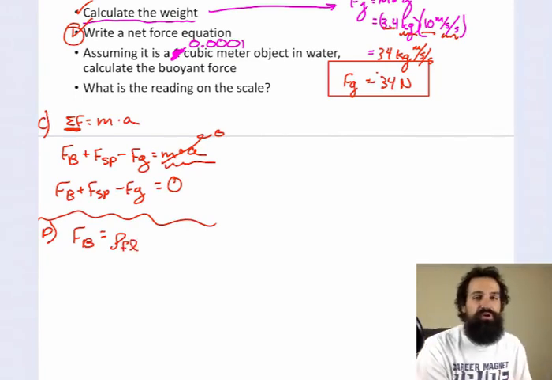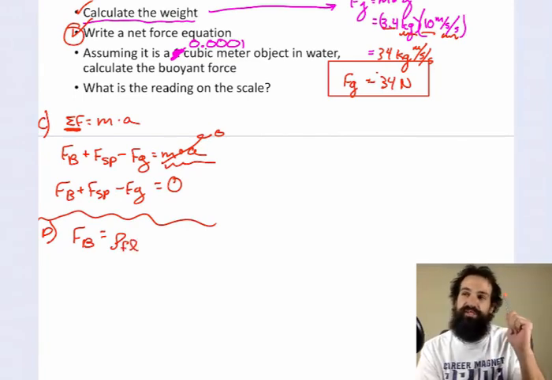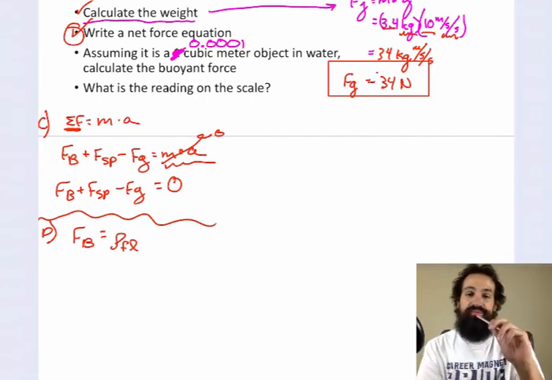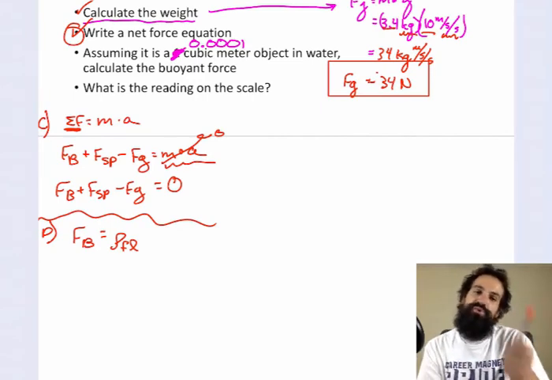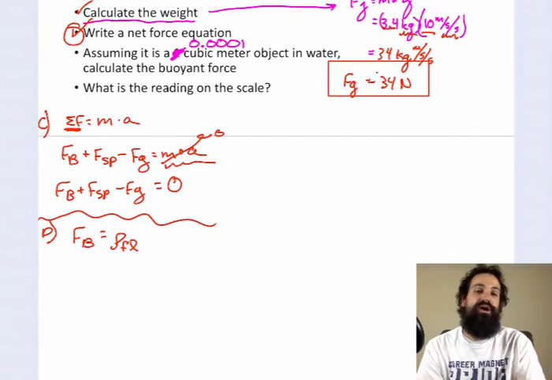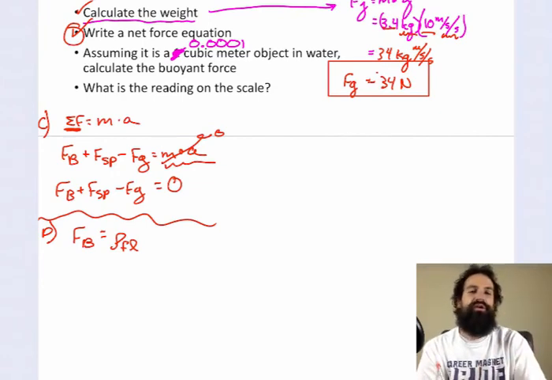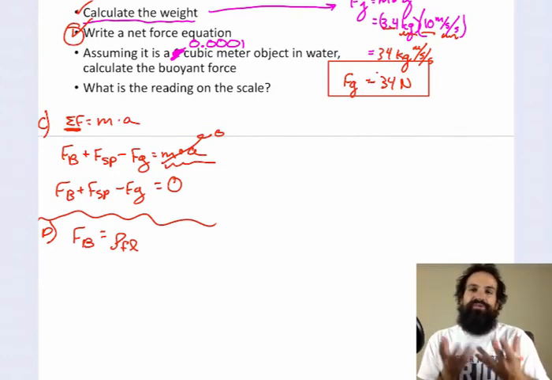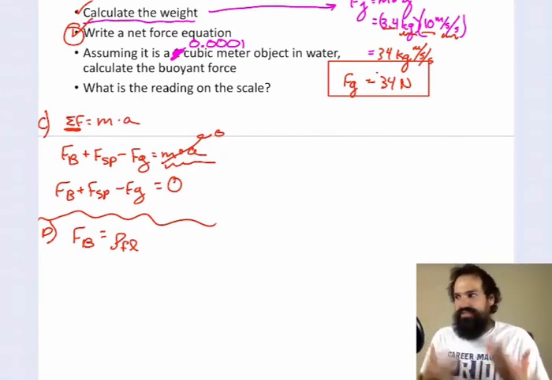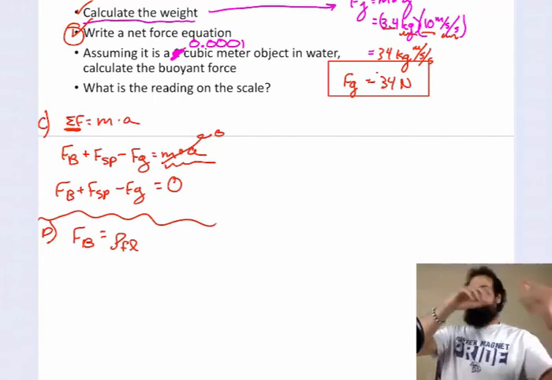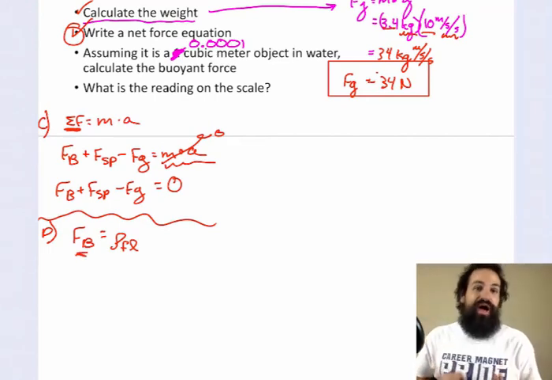And be careful, because in a lot of problems they'll give you the density of the fluid and the density of the object, and it's on you to know that you need to use the density of the fluid. Don't fall for the red herrings. It only matters how dense the fluid is for how much it's going to support, which makes sense. The denser the fluid, the more it's going to support, the more buoyant force it will have.